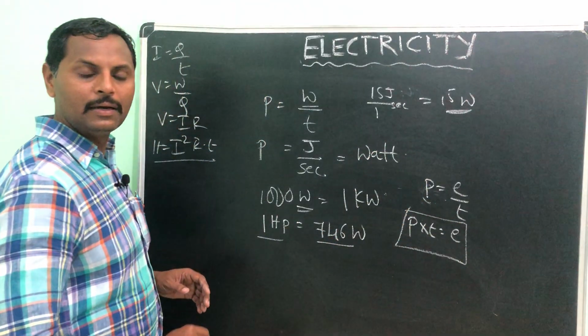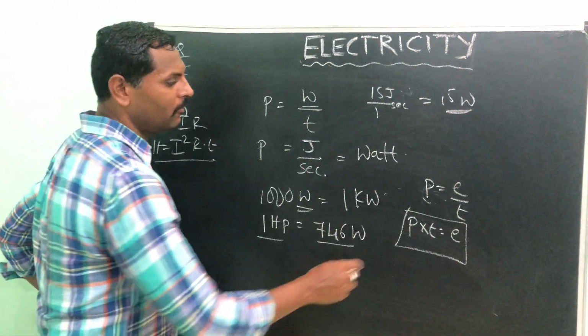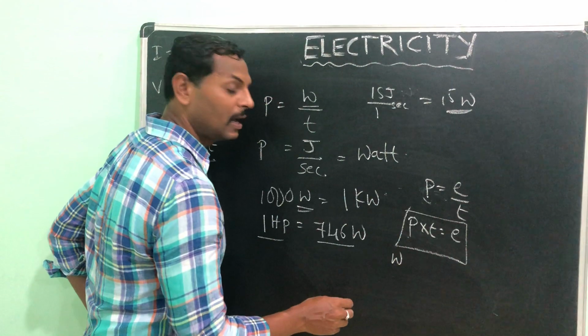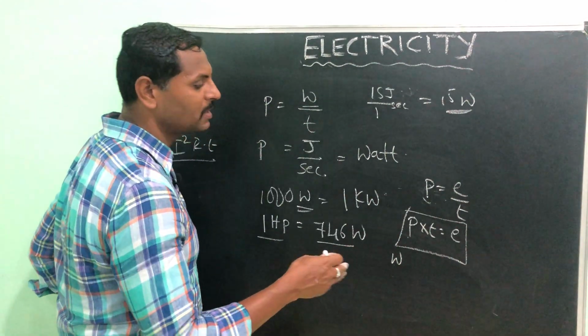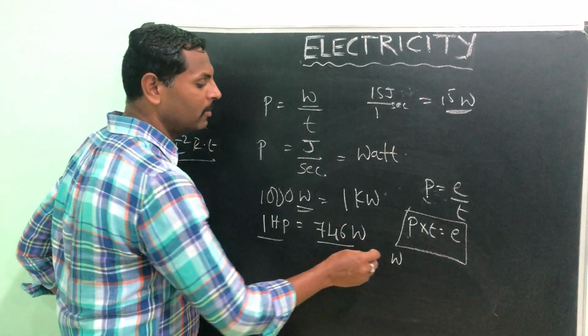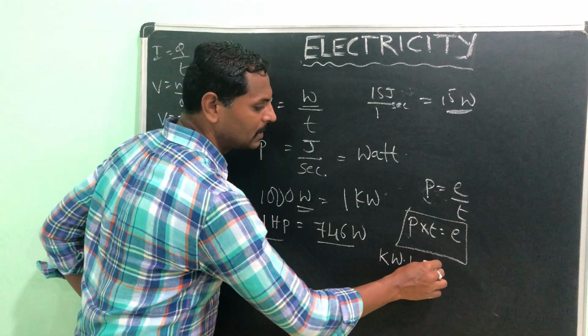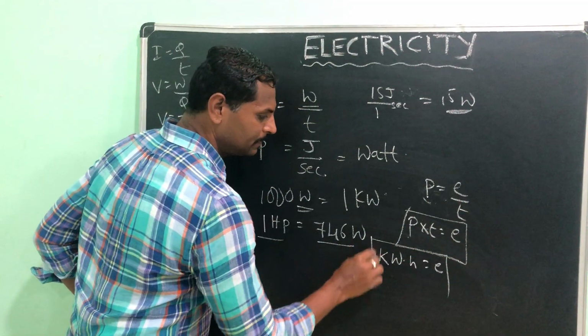Okay, here what is the SI unit of power? Watt, and in commercial unit we can take it as a kilowatt. Kilowatt hour is the unit of energy.